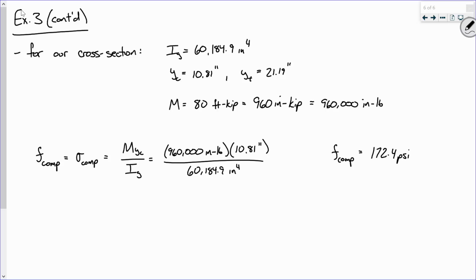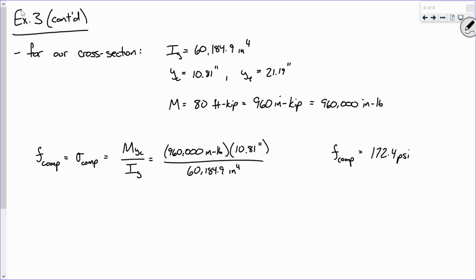Now think about it though. That seems like a lot of stress. I mean, 170 PSI is certainly more than what's in the tires in your car, right? But in terms of the stresses that concrete can experience, it's actually pretty low. What are compressive strengths for concrete usually? We're talking about 4,000 PSI, 5,000 PSI. That's only 172. So we're talking about low loadings. Does that make sense?